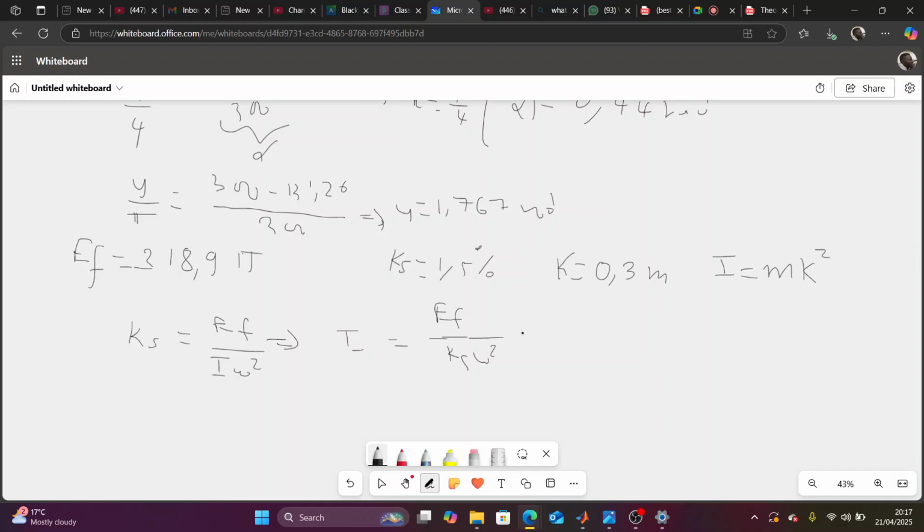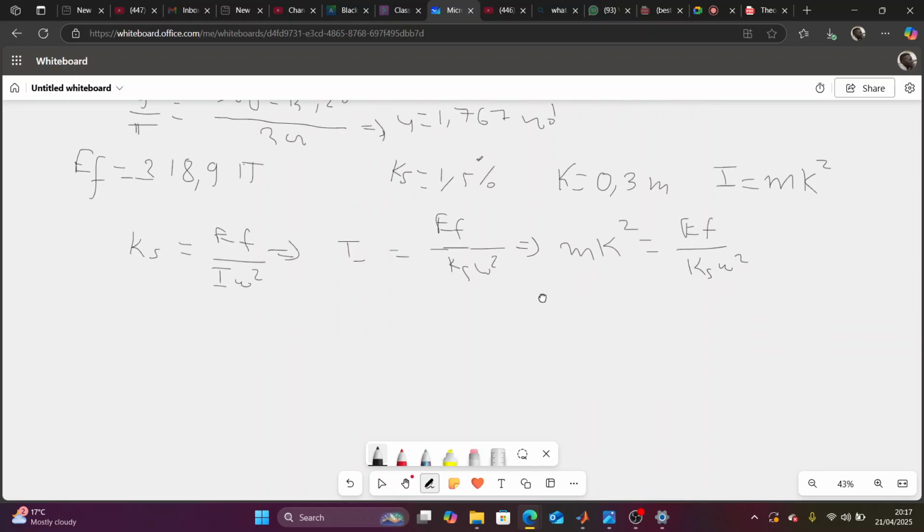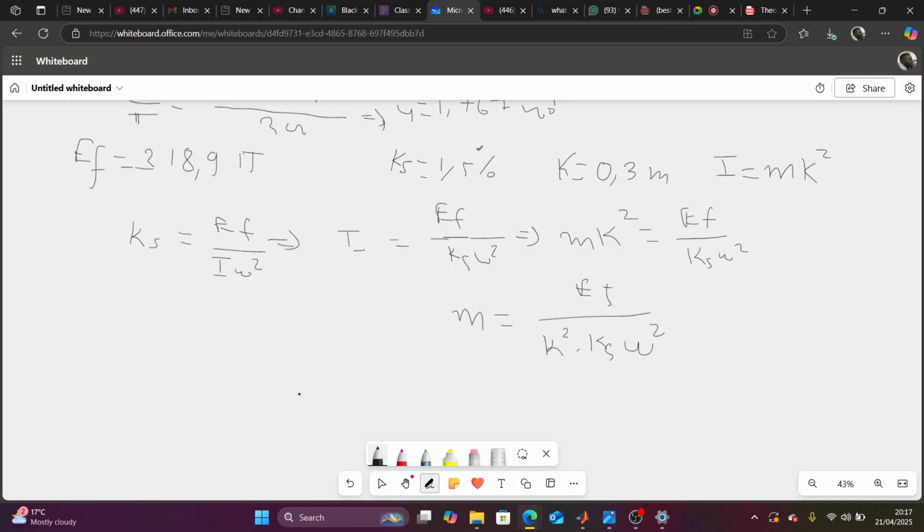Another thing that I can do, I can also replace I by what? Are you with me, Angela? So if I make mass subject of the formula, what will I have? I will have EF divided by K square, this is the radius of gyration, multiplied by Ks, this is the coefficient of fluctuation speed, multiplied by W square.